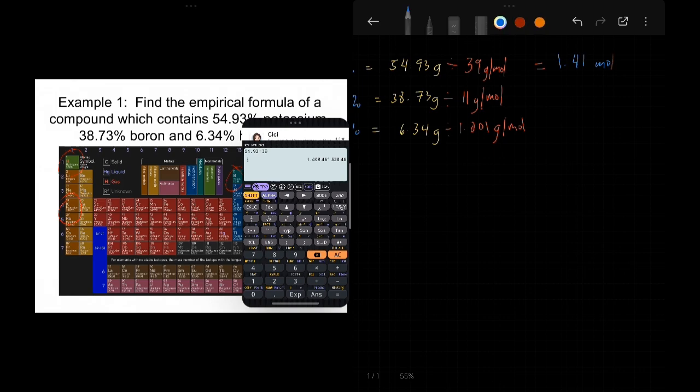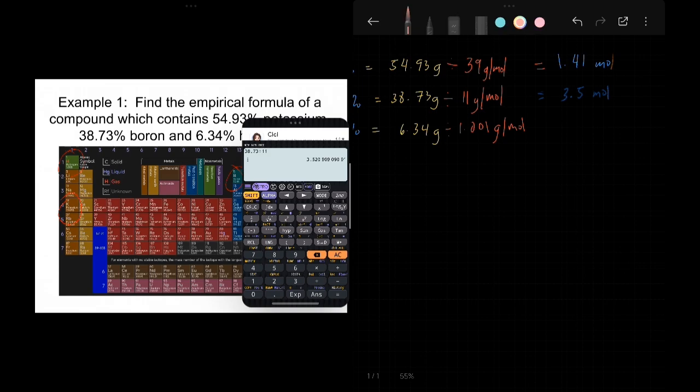Okay, next, 38.73 divided by 11, that will be 3.5 mole.